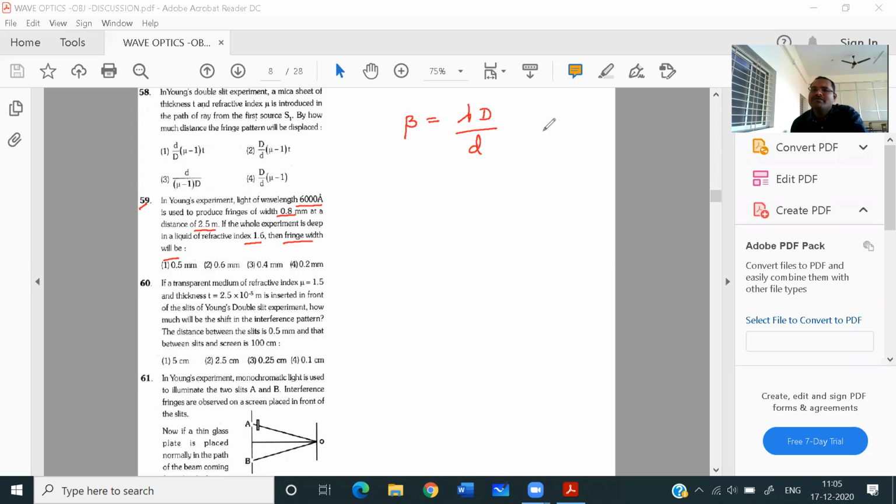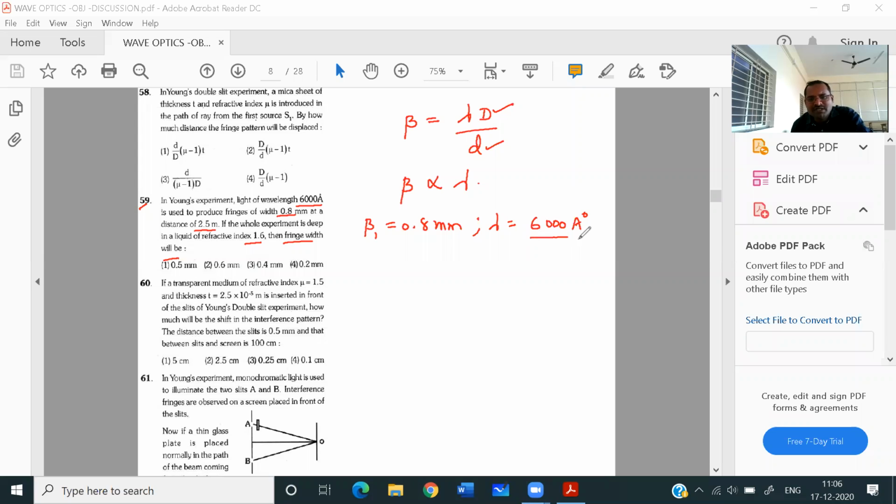Now, when the whole experiment is immersed in a liquid or any other medium, the capital D value and small d value remain the same. They are fixed. That means the beta value directly depends upon lambda only. Initially the beta value given is 0.8 millimeter and the lambda value is 6000 angstrom.